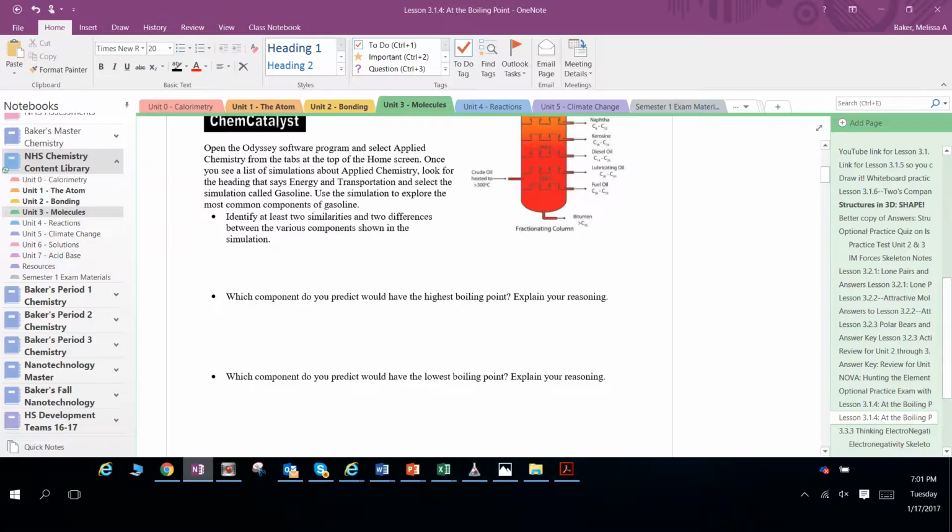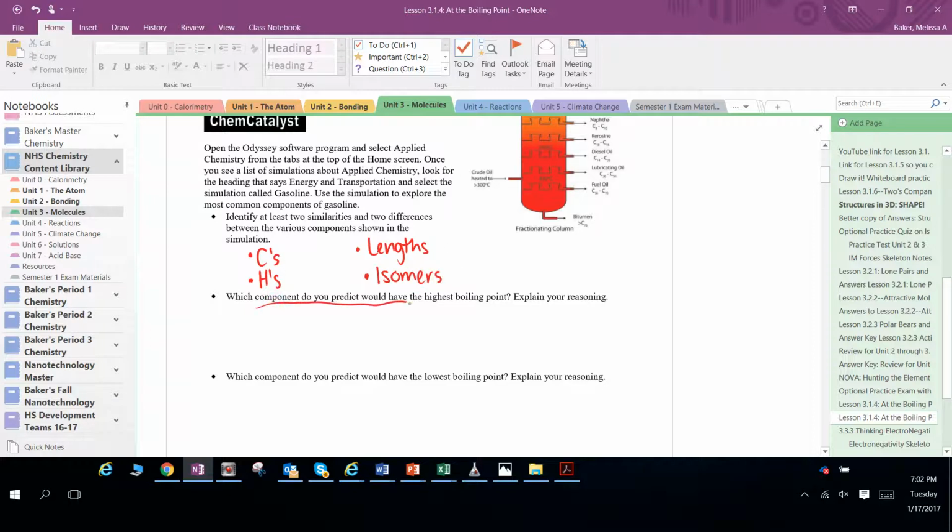So if we go back, what are some of the similarities and some of the differences? Well, they're all similar in that they have carbons and hydrogens only. Differences, they are different lengths and there are different isomers too.